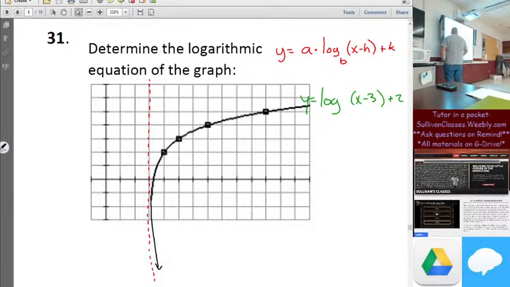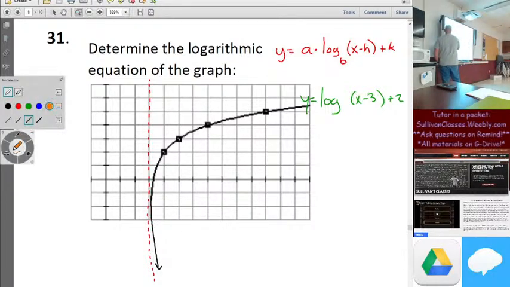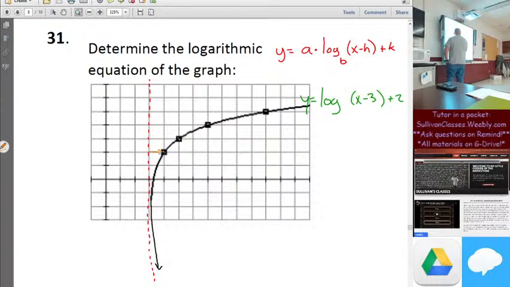Check how far these points are away from the asymptote. 1, 2, 4, 8. Those are powers of 2. 2 to the 0 power is 1. 2 to the first power is 2. 2 to the second power is 4. This is log base 2.